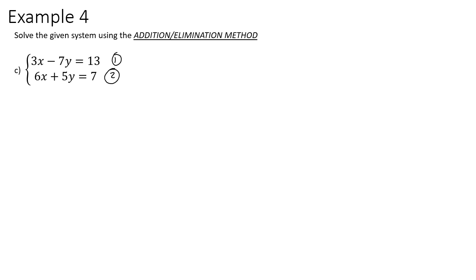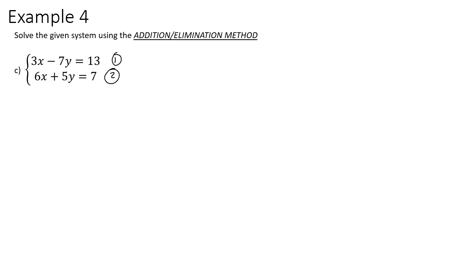One way of doing this is I could multiply equation 1 by a 2, in which case I would get a 6x, and then I could multiply equation 2 by negative 1, which would give me a negative 6x, so when I added down, my x's would eliminate.